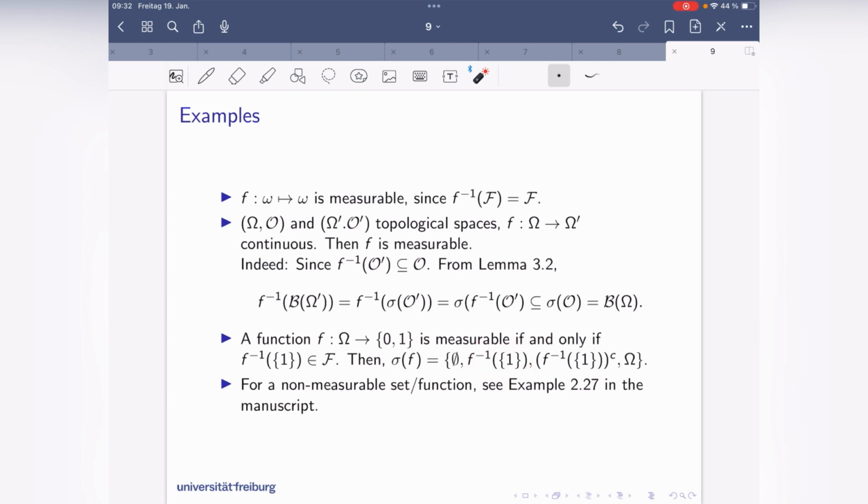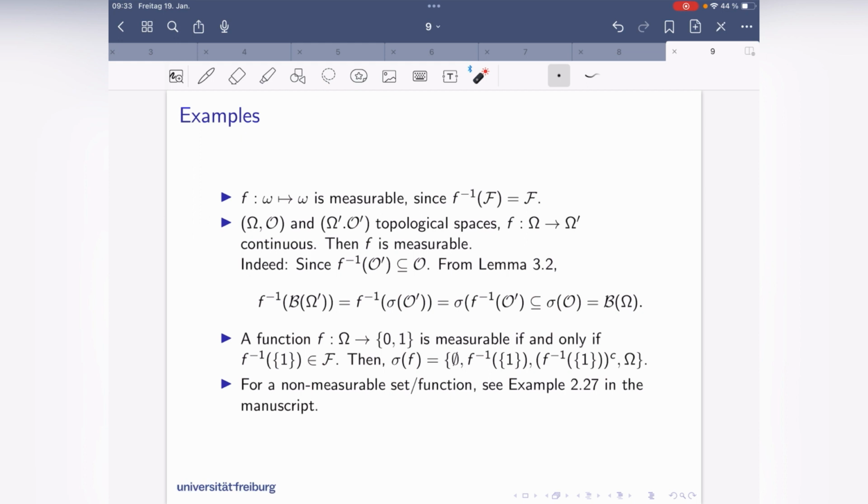And measurability then gives you that f^{-1} of 1 has to be also in F here. In order to be a sigma algebra, I also need the complement and the full set here. Yeah, so this here always holds, and measurability only holds if this here is the case.